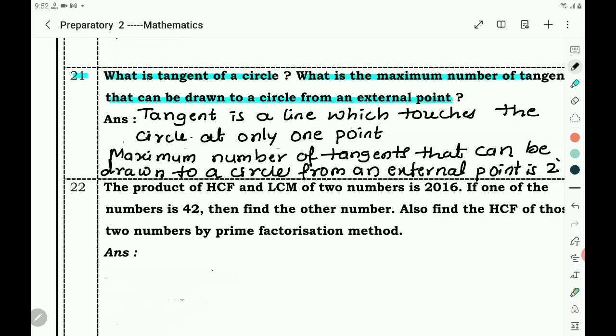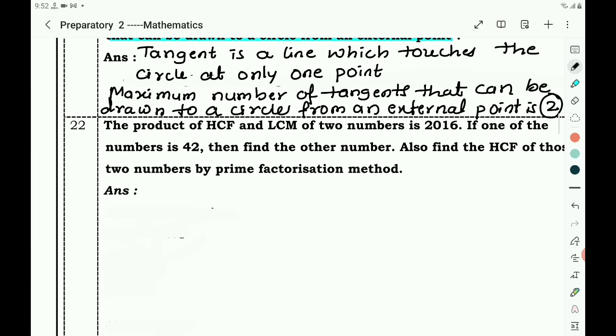How many tangents can be drawn? Maximum 2 tangents can be drawn to the circle from the external point.